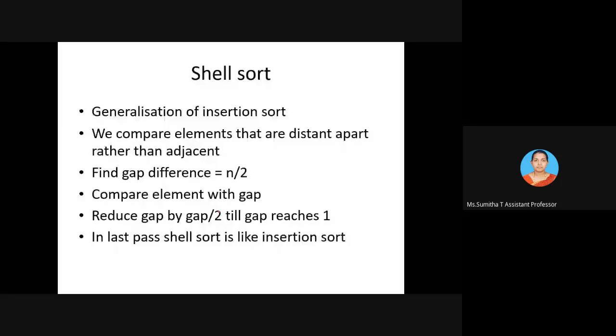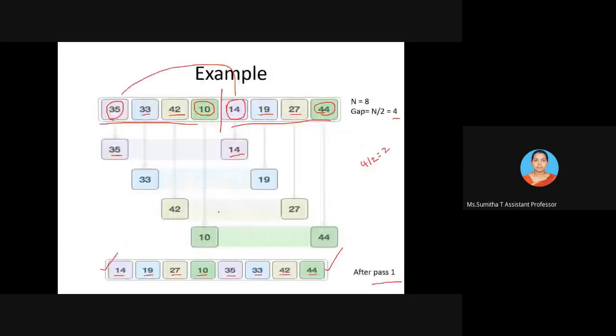So based on the gap, we compare and repeat until we reach 1. Until we reach the gap of 1, we have to repeatedly do this process. And once we reach 1, just as we did in insertion sort, we do the same after reaching gap 1.